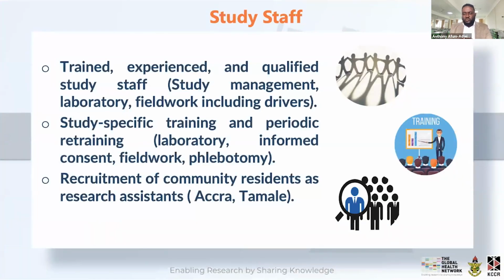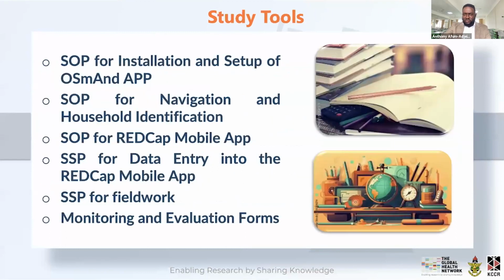Now, one of the things we did was to make sure that we recruited staff who were experienced in field work and were able to engage the communities. And we provided adequate training, especially study-specific training on which procedures were appropriate. We documented everything they're supposed to do, how they approach the participant, how they deliver the information, in which tone they do this, to make sure that we reduce as much as possible any negative interactions with the study participants.